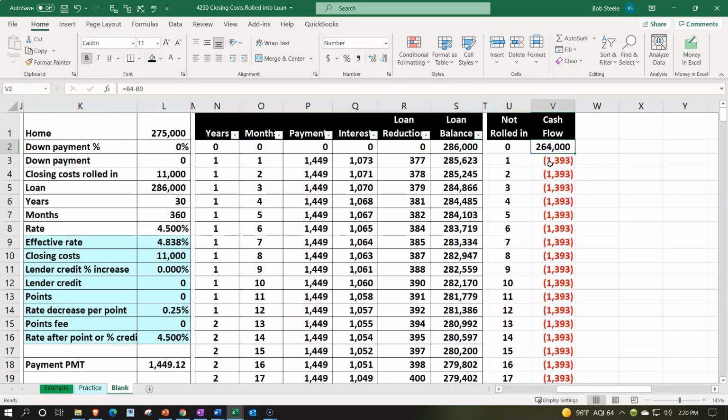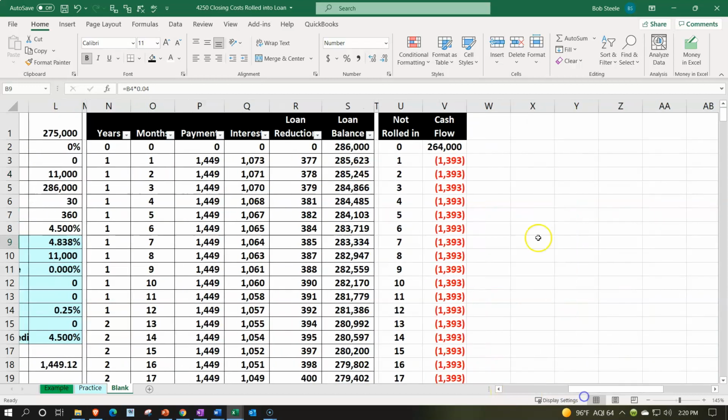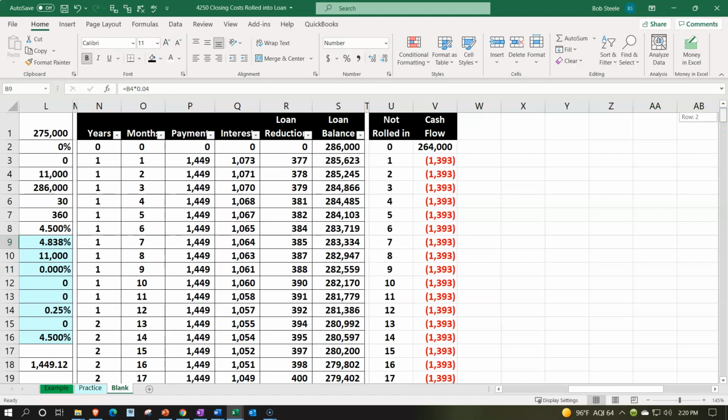And again, just remember this 264, obviously that means that we got money from the bank of the 275. We could assume we got the money, right? And then we had to pay back the bank, then we had to pay that money to the seller. So we got that money, and then we had to pay on top of that the 11,000 in order to get the 275. That's why we got that net inflow.